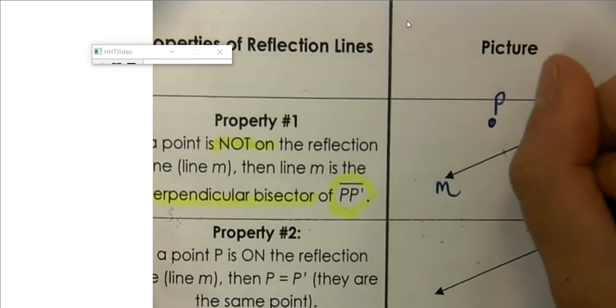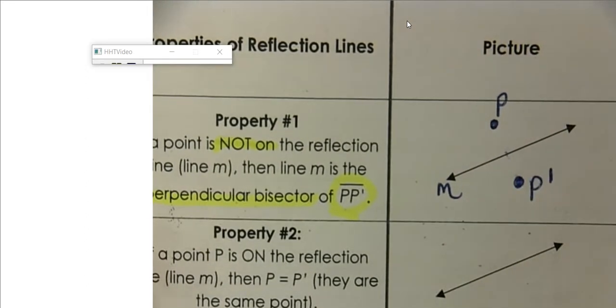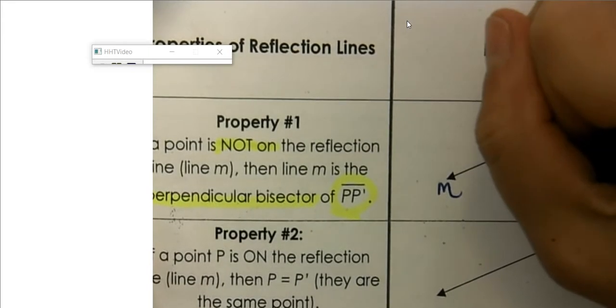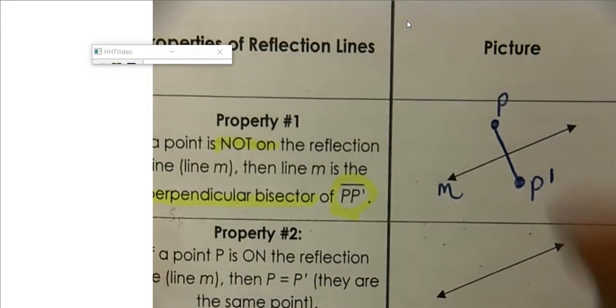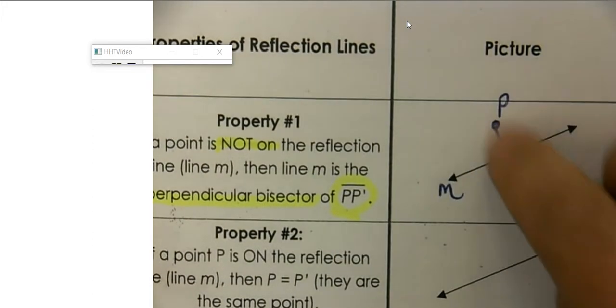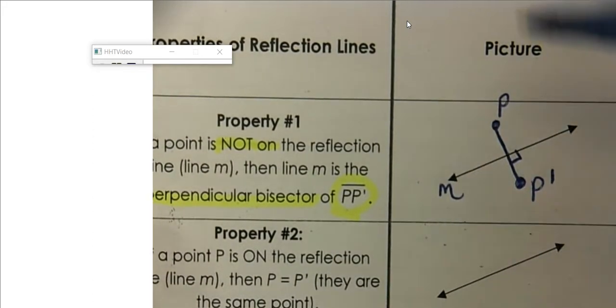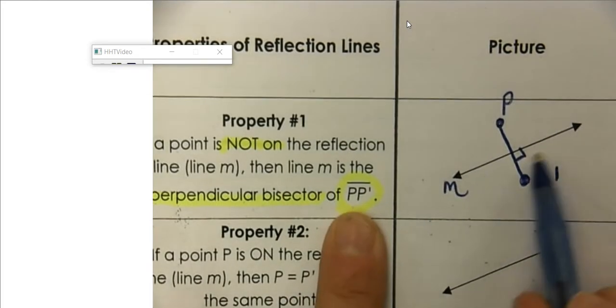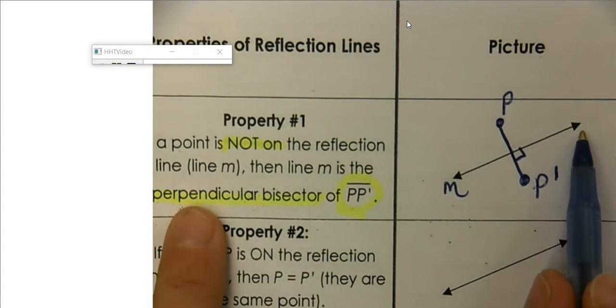We'll call it P prime. And we're saying that line M is the perpendicular bisector for the segment P P prime. So P was reflected across this line, and this line M is the perpendicular bisector.